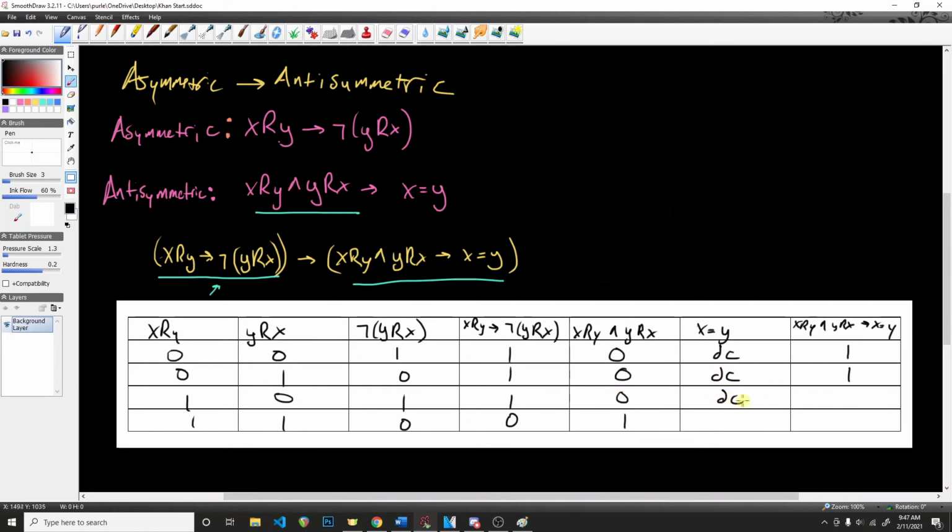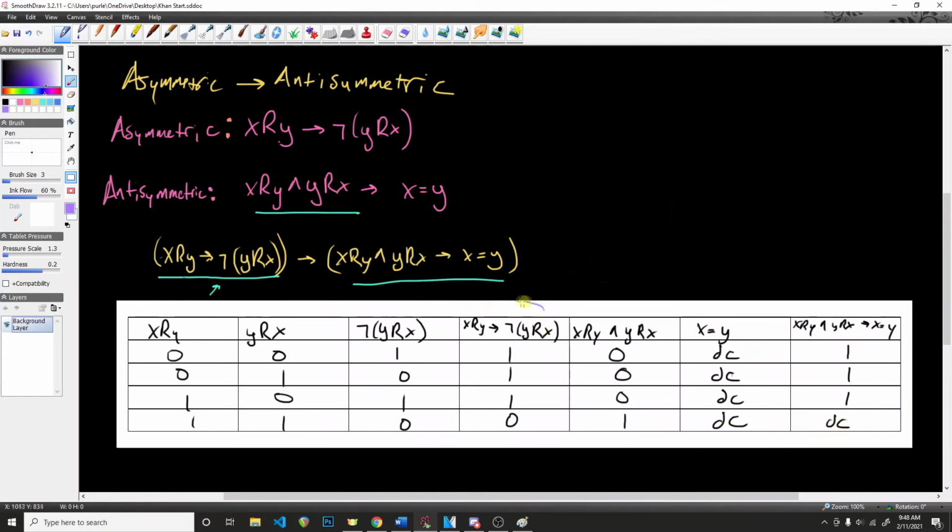We don't care because if this is false, this is always going to be true, whether this is true or whether this is false. And then the only time where we have that this premise is true is when this premise is false. So again, we don't really care because what we want to know is what this entire implication is. So for the case where XRY and YRX implies X equals Y, we don't really know what this value is, but again, we don't care.